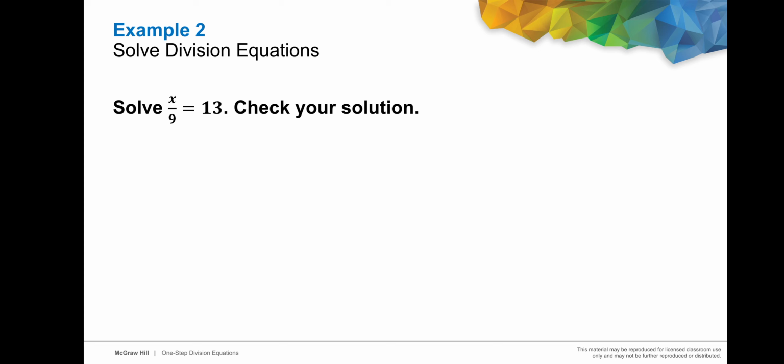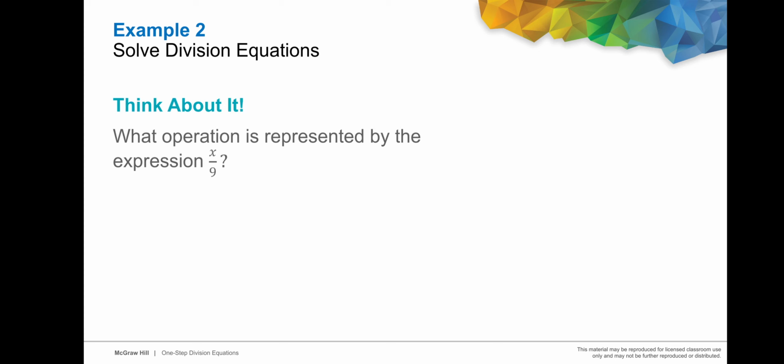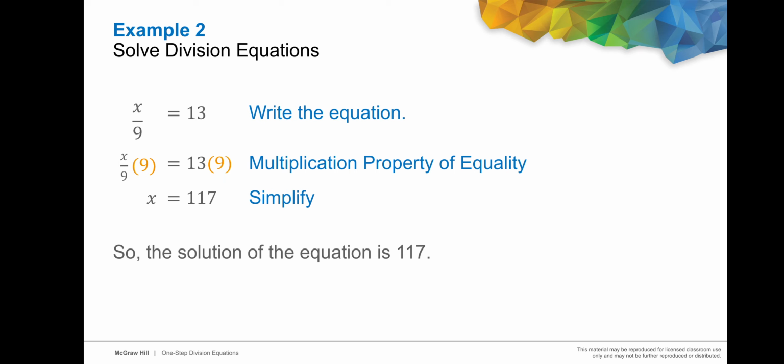So I will multiply the right side by 9 and the left side by 9. Then I can just cross out the 9 in the numerator with the 9 in the denominator, and it will be x. x is equal to 13 times 9, and it's actually 117. So this is the final answer.